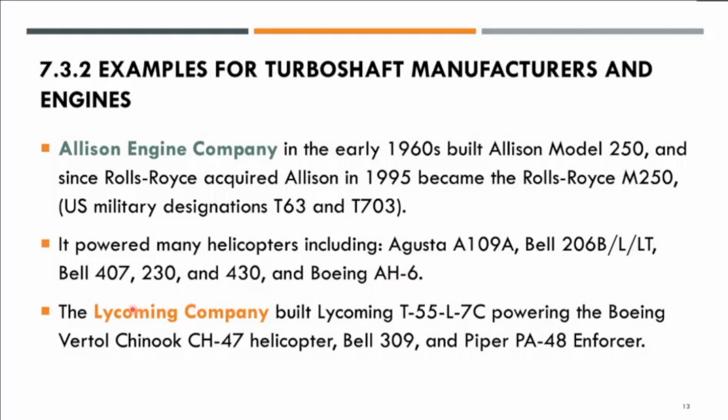The fourth type of company that we would like to look into is Lycoming Company, that built the Lycoming T55 L7C, powering the Boeing VTOL Chinook, the transport helicopter, CH-47, as well as the Bell 309 and Piper PA-48 Enforcer.